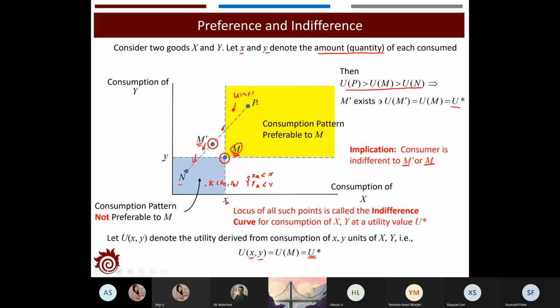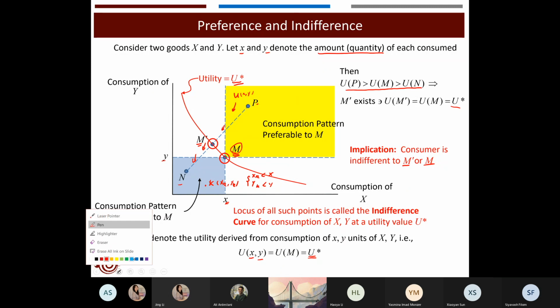So if we put all these points with the same utility as M together, it will eventually draw a curve with the utility equal to U star. And this curve is called the indifference curve.